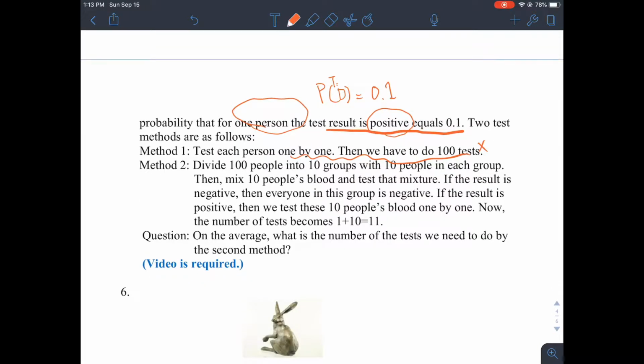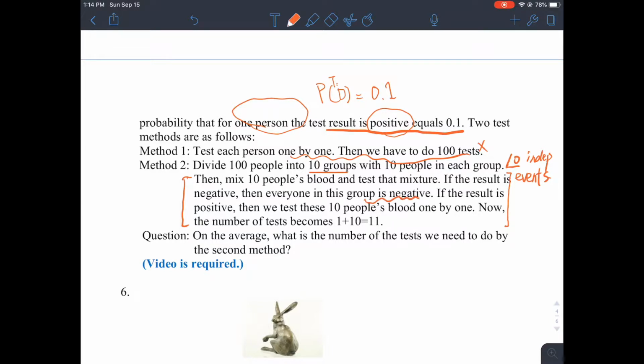Here, we divide 100 people into 10 groups, so it's like 10 independent events. In each event, we can see one example given here. For these 10 people, we mix the samples and then check the result.